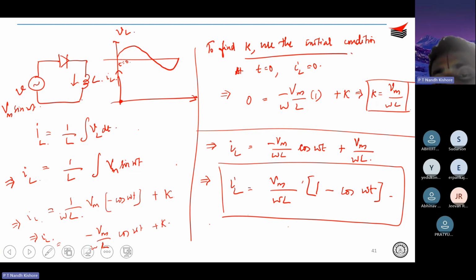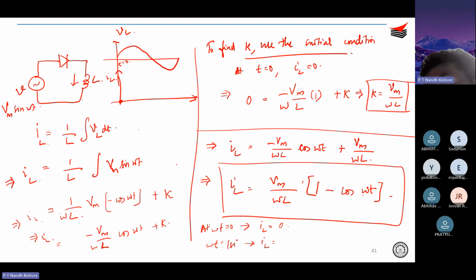Now the only thing that remains is we need to plot this. So how do you plot? At t equal to 0, IL is what? Cos 0 is 1. So 1 minus 1 is 0. So at omega t equal to 180 degrees, cos is minus 1, right?